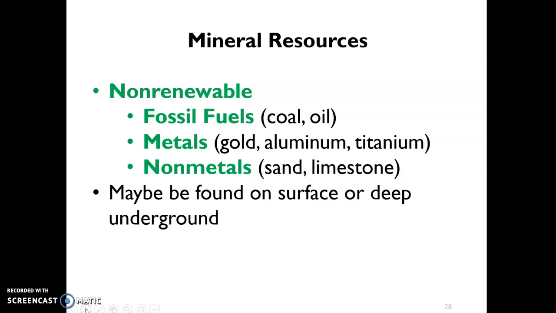When something is on the surface, there may be more disturbance to the surface habitat and therefore more damage to that habitat. But sometimes if it's deep underground, it's more difficult to extract, more expensive, and if there are any mistakes, such as an oil spill, then the damage may also be great in that case.